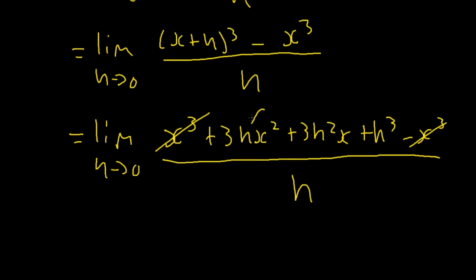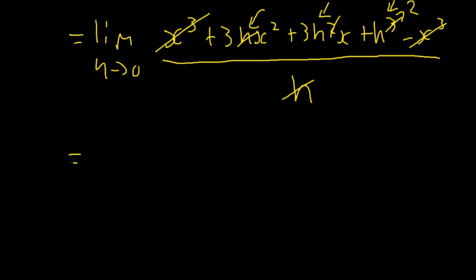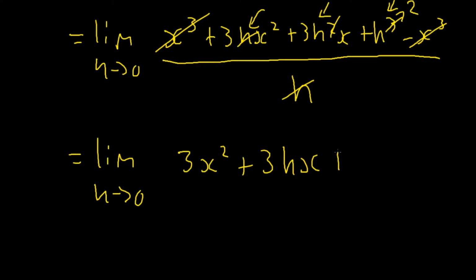Every term right here has an h in it at least once. So that means we can cancel out everything at least one time with the h on the bottom. So the h to the 1 goes to h to 0, which is 1. h squared turns to h to the 1. h cubed turns to h squared. So now when we write our limit, we're almost done. As h approaches 0, we're going to have 3x squared plus 3hx plus h squared.